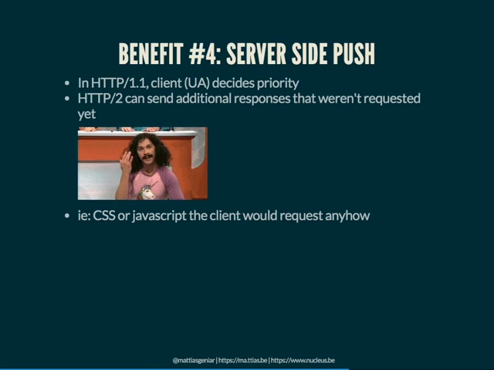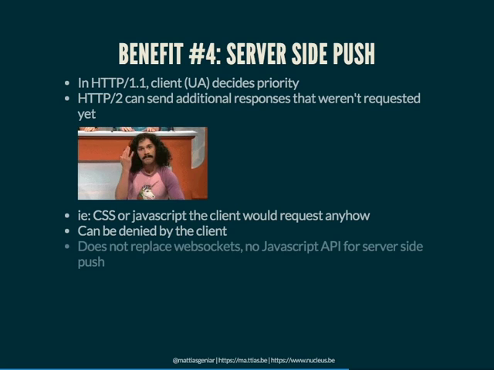With this system, your server can send the CSS straight away. I don't mean in the HTML, it just means as an additional request without even having the client request it. Of course, your client can deny it if it already has the file, etc. It's pretty smart about that. If you're thinking, hey, this is WebSockets, not exactly, because you can't manipulate this. This is server-side only.